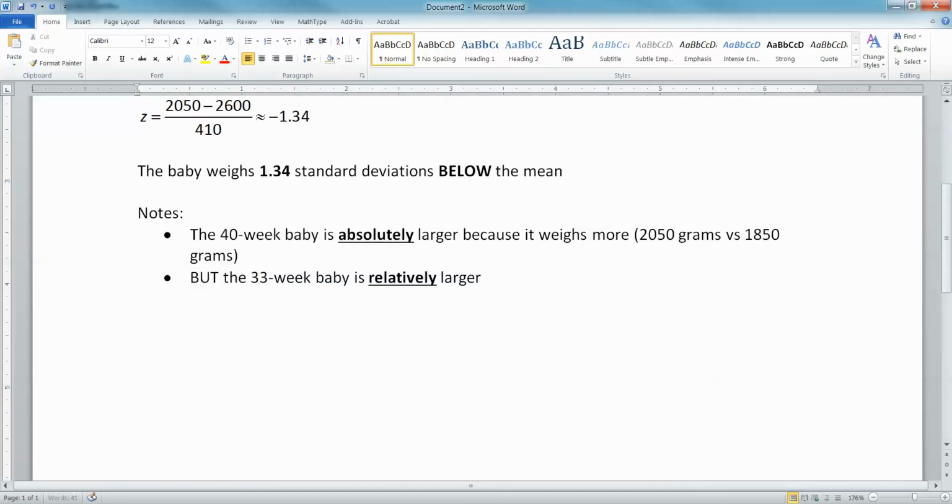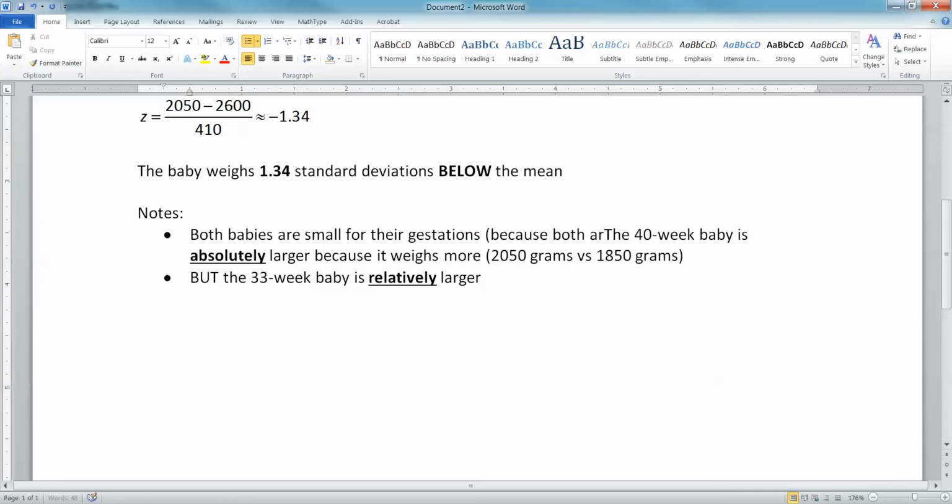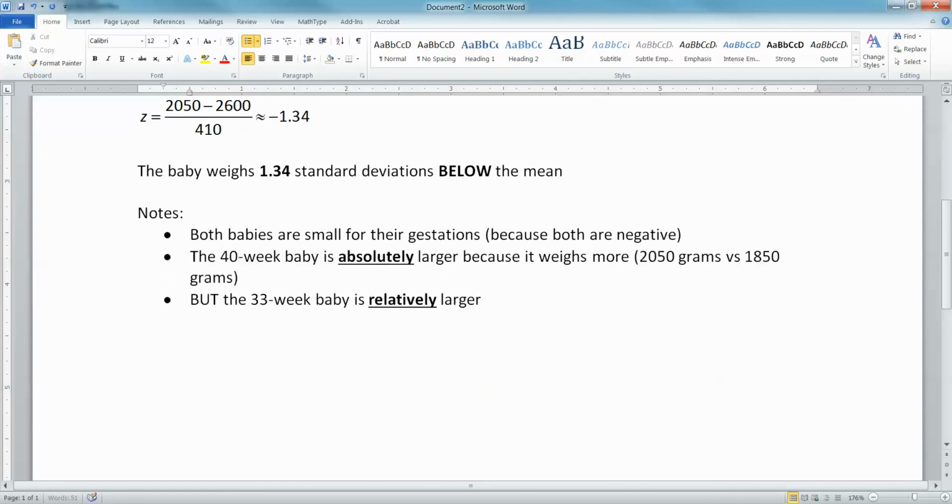If I could type, good grief. Okay, so both babies are small for their age. Both babies are small for their gestations because both are negative. Now, the 40-week baby is actually the bigger baby in absolute terms.